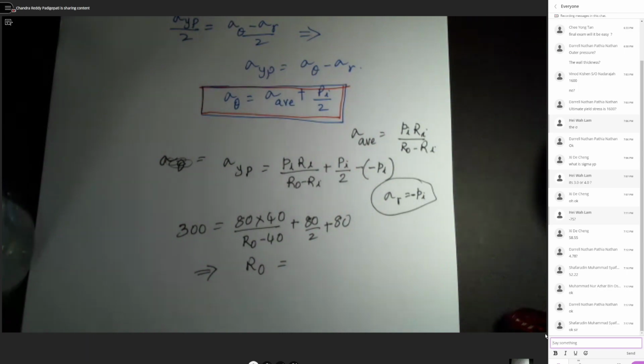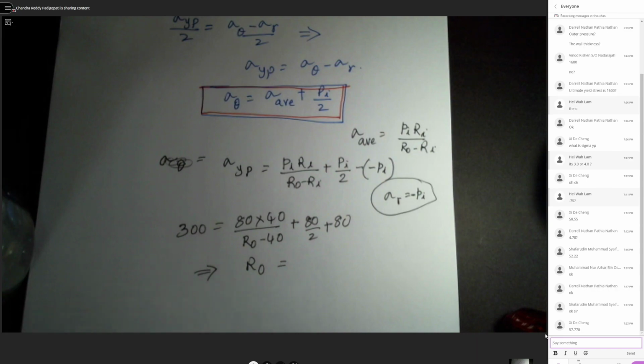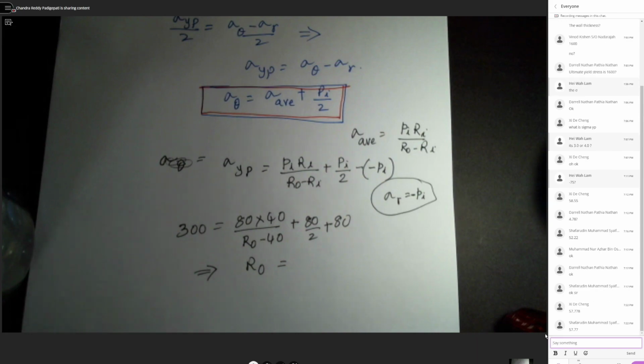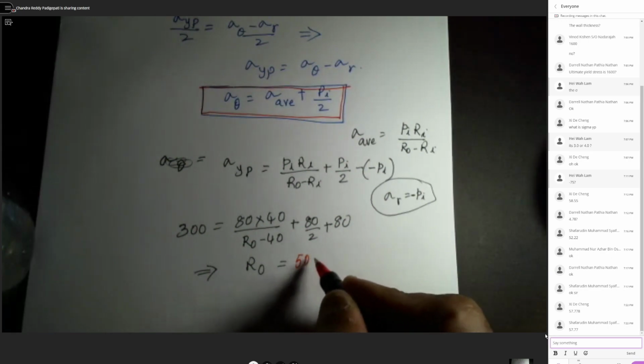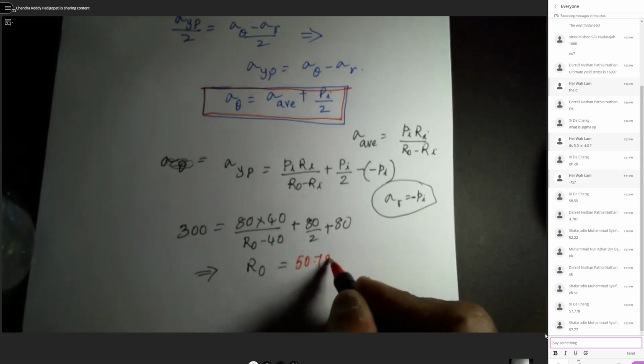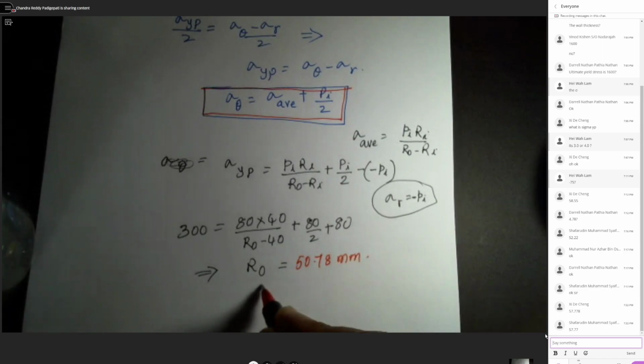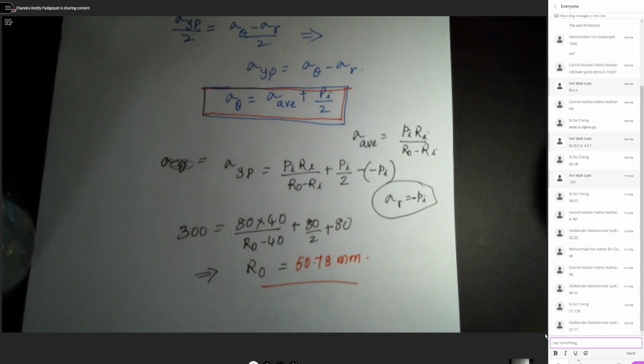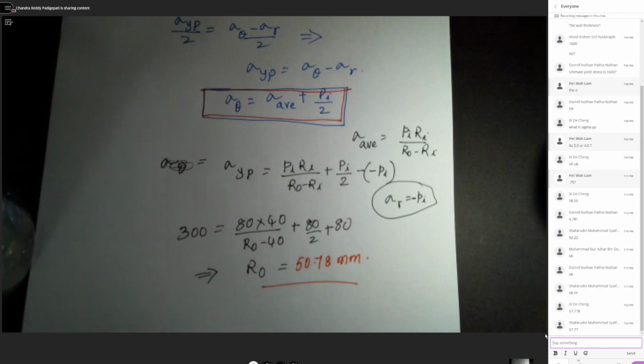Let me know your answer once you calculate. That's correct, Dicheng. You can write 57.77 or 57.78, both are okay. So this is the outer radius we get for linear elastic formulation.